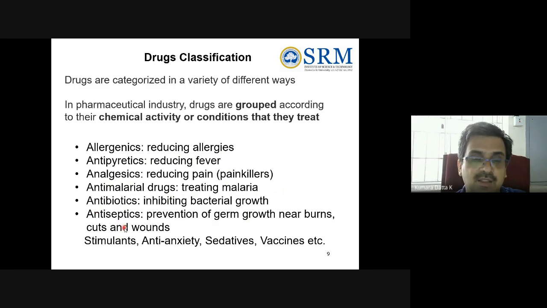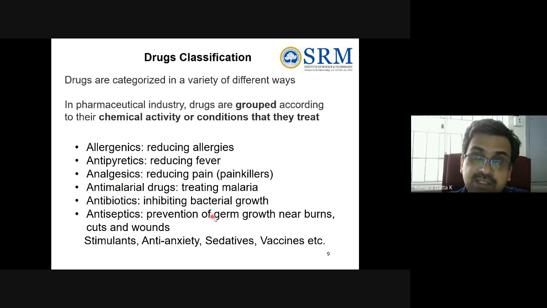Antiseptics. Many of you must have seen these, where it prevents germs in wounds, especially near burns, cuts or wounds. Whenever you fall somewhere, as soon as you apply a plaster, or clean it with Dettol or a similar substance, that is the reason antiseptics are very important.